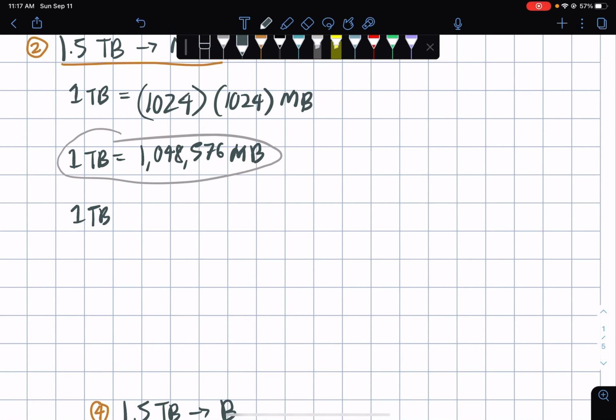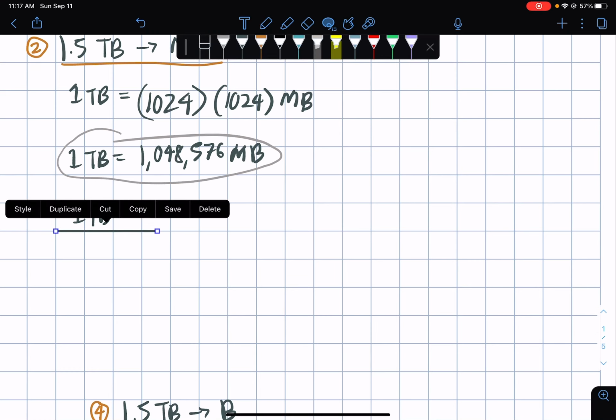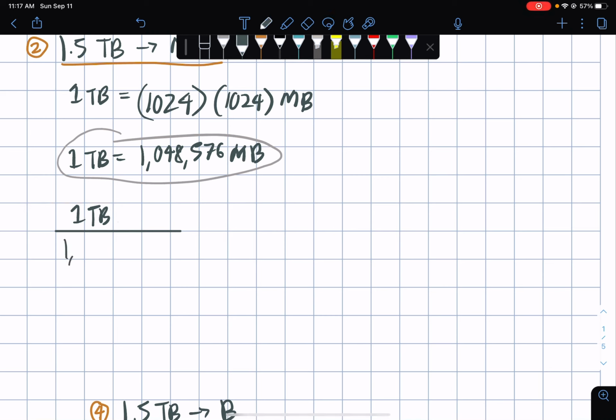So we put the values in fractions. 1,048,576 megabytes equal to 1 terabyte, just reciprocate them: 1,048,576 megabytes over 1 terabyte.